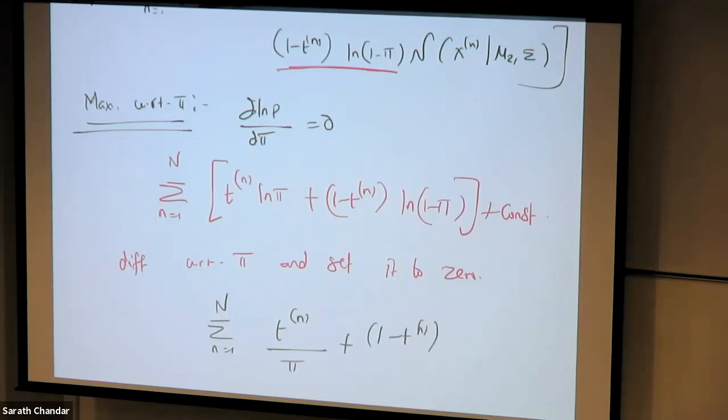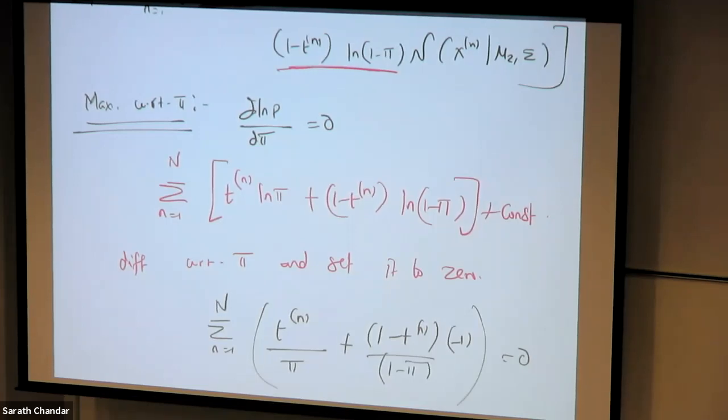Now we need to differentiate ln 1 minus pi. It's 1 over 1 minus pi, then you again differentiate 1 minus pi, so you get a minus 1, right? So the whole thing is equal to 0.